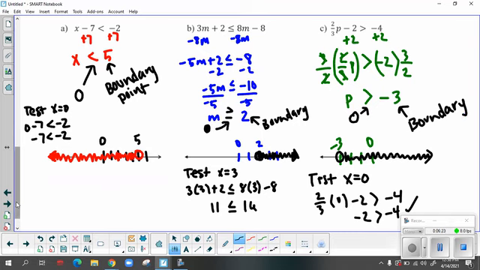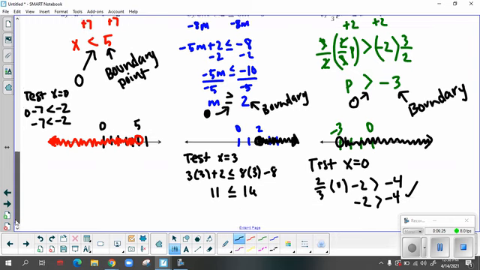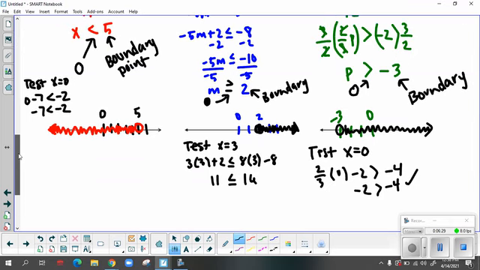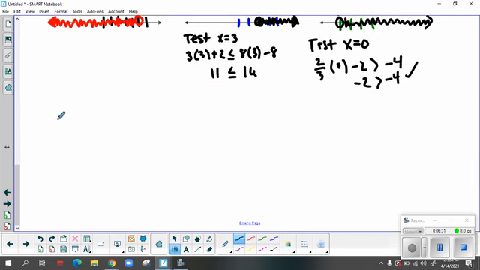Awesome. So just a few reminders. We find the boundary point. Once that is done, it goes on our number line. Based on the symbol, we have a filled in dot if we have a greater than or equal to or the less than or equal to symbols. We have an open dot if it's greater than or less than without the or equal to.